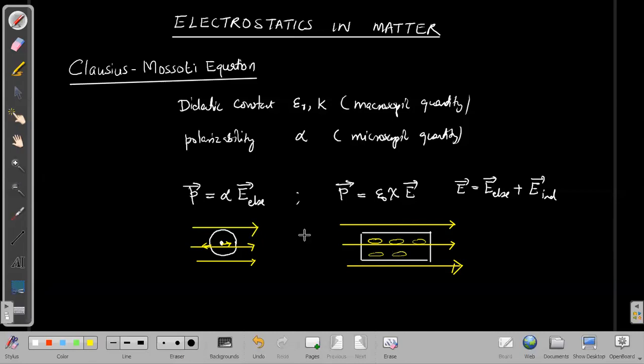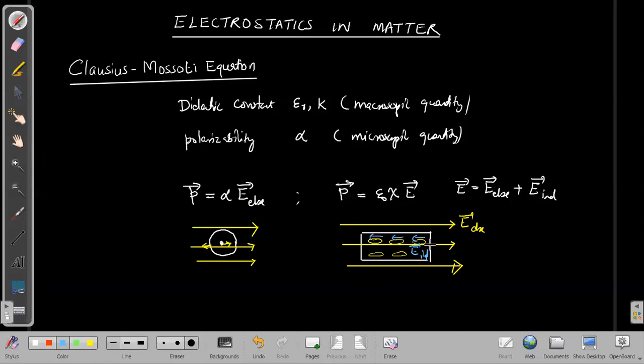It will bulge towards one direction, and obviously there will be some dipole moment in the direction opposite to the applied field, which in turn produces some field. So we have two fields now. One is the applied field, which we can represent by the symbol E applied, and the second is the induced field, which I can represent as E induced. So the total field inside this material would be E applied plus E induced.